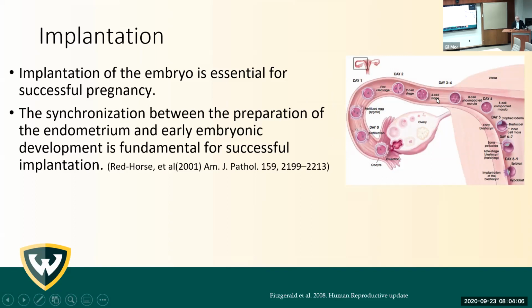This is in humans, of course, in the ampulla, where the sperm and the oocyte meet. Then the fecundated oocyte, the blastocyst, starts dividing into 2 cells, 4 cells, 8 cells, the morula, and then it reaches what I call the Grand Canyon, that is the uterus.